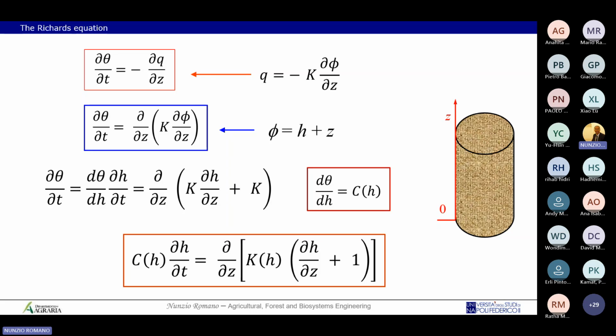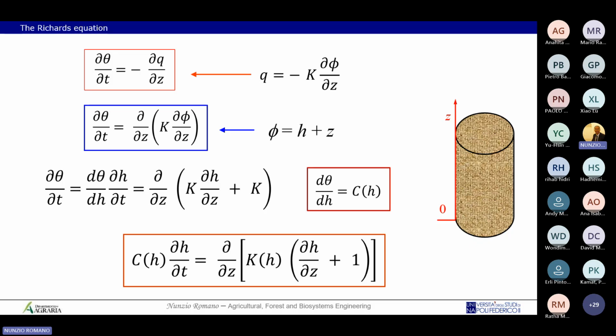I have to say that this equation is written in this way with the plus term at the extreme right because the vertical direction is oriented upward.